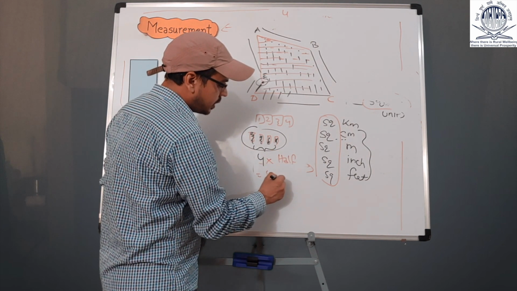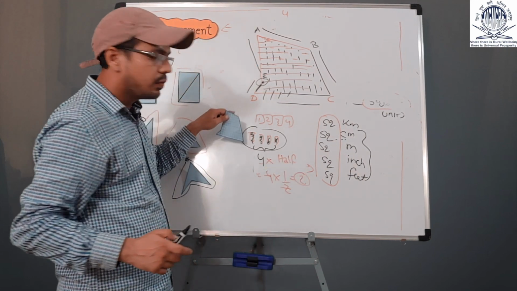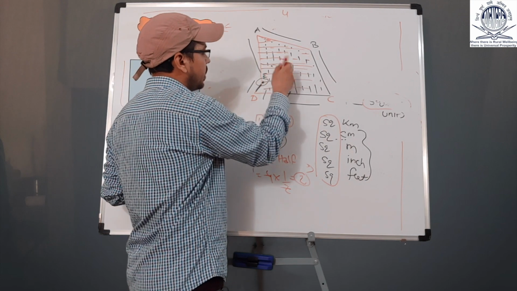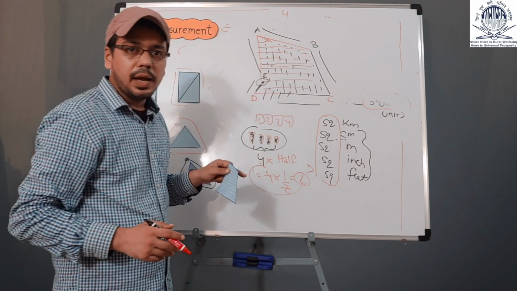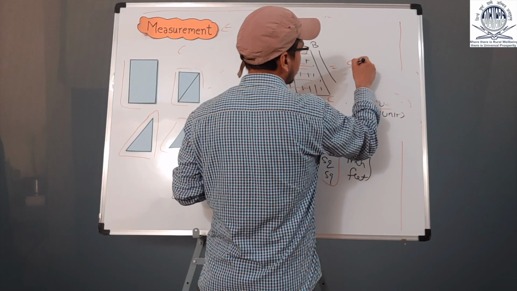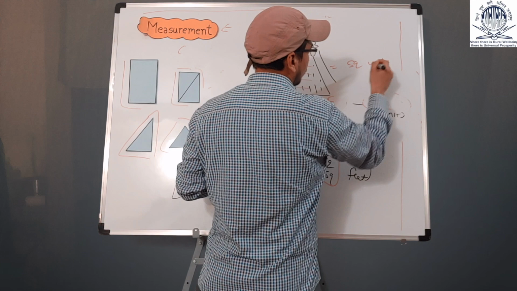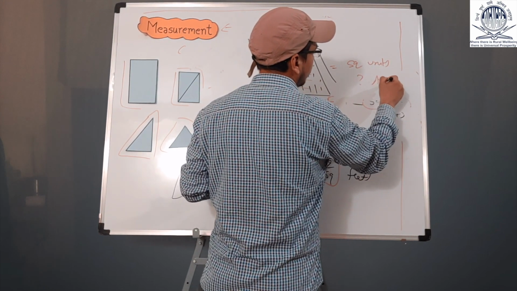When you multiply this by a half, you get 2. So what we want to do is count the number of big squares, add them to the number of halves, and then finally the number of square units will come out as your area.